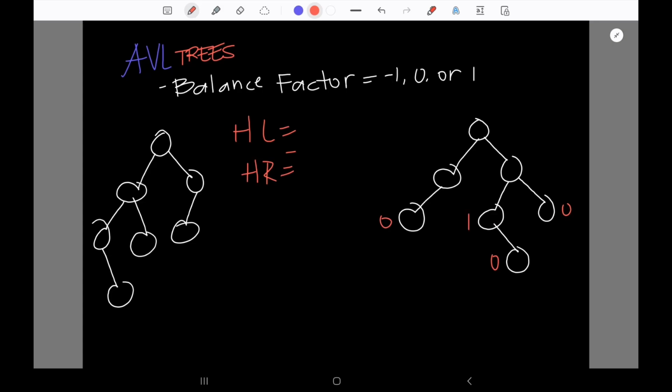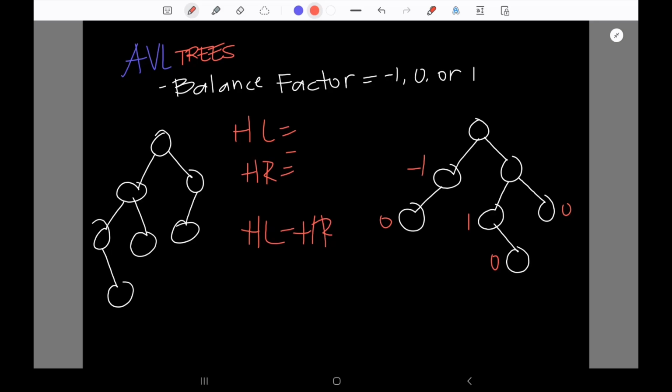How about this one? This one. So it is -1. Well, why -1? Because if you choose HL minus HR, you'll get -1.